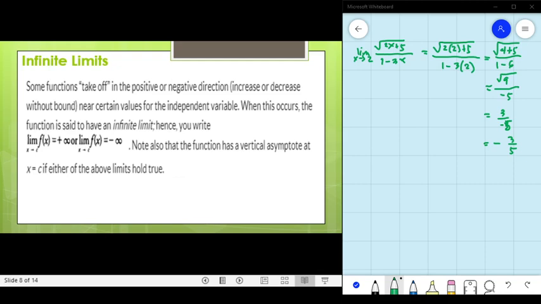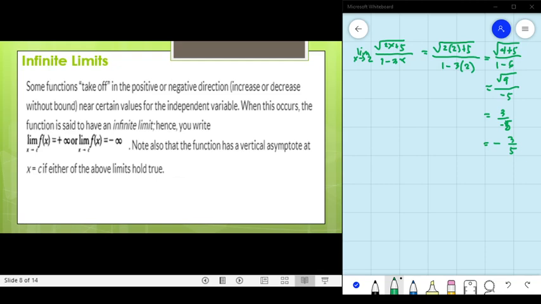When this occurs, the function is said to have an infinite limit. Hence, we write the limit of f of x as x approaches c is equal to positive infinity, or the limit of the function f of x as x approaches c is equal to negative infinity.